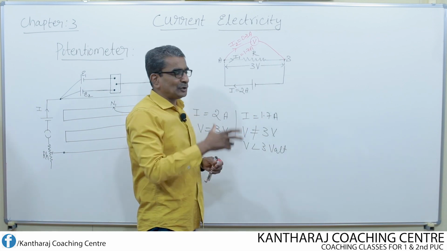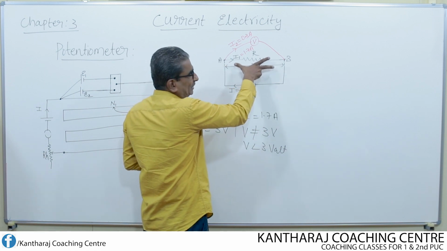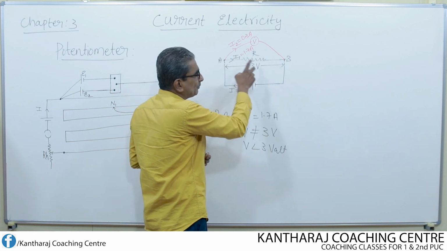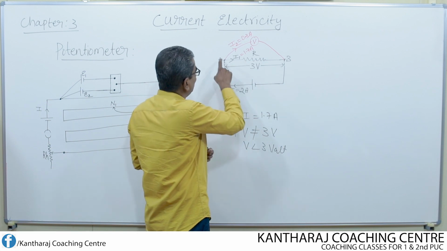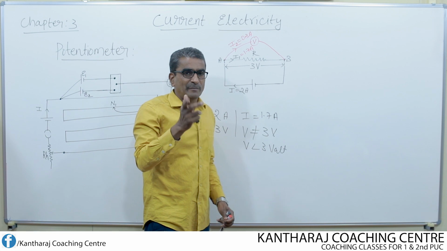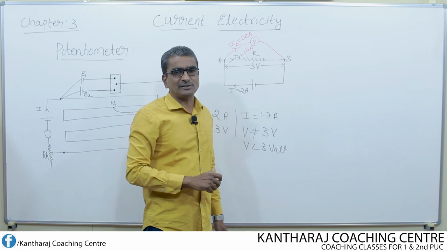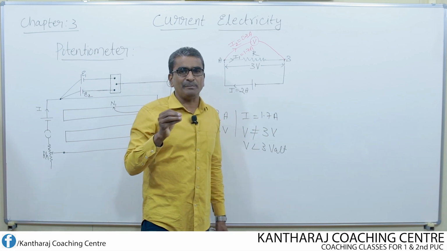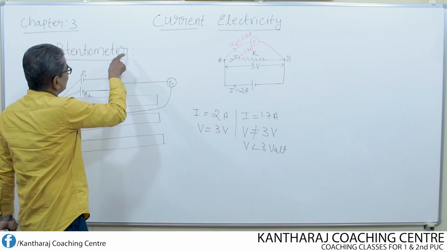So in such a case, to measure the actual potential difference or actual voltage between the two ends of the resistor, we make use of one more device known as a potentiometer.